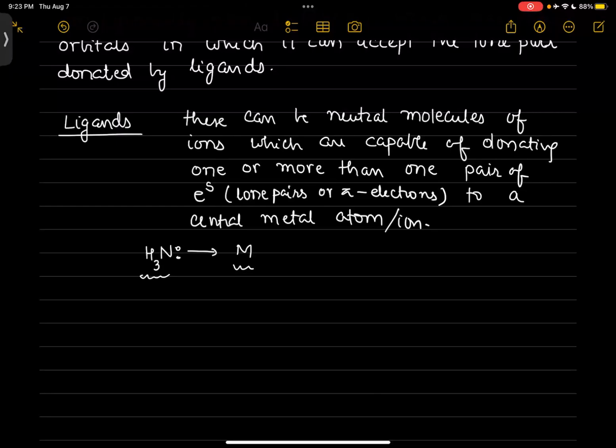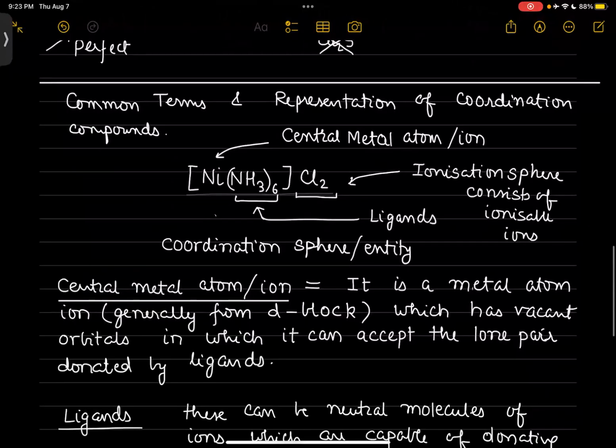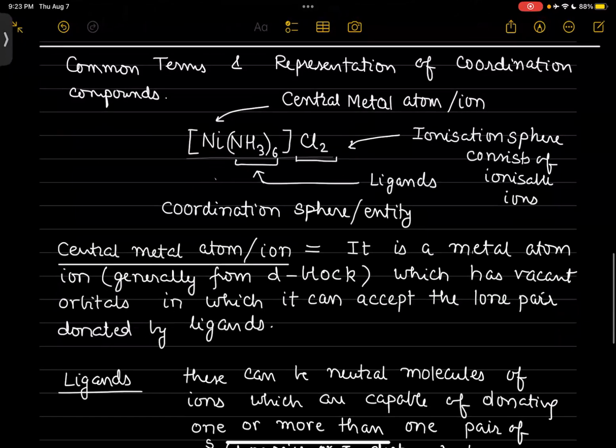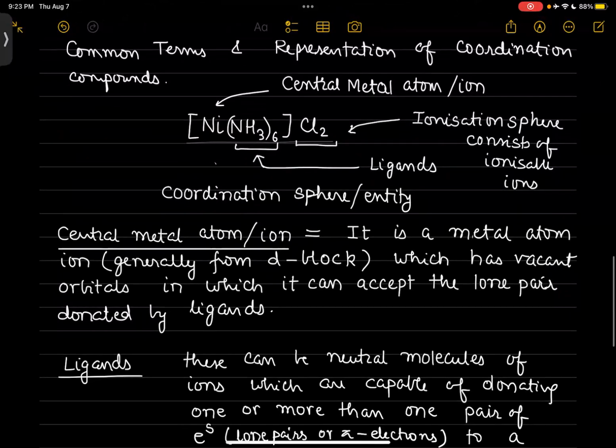So these are the ligands. Got it? I hope the definition of the central metal atom and the ligands is clear. You can check it and let me know if anything is not clear. Very basic thing. It's very easy.